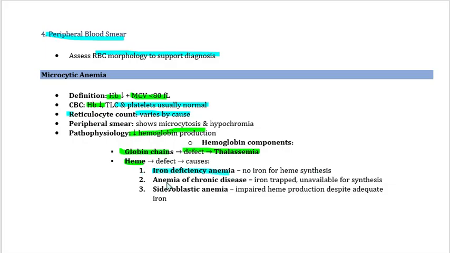It can be anemia of chronic disease, because iron is there but it is trapped and unavailable for synthesis of heme. Or it can be sideroblastic anemia, impaired heme production despite adequate iron. And we will study the causes of sideroblastic anemia later on.